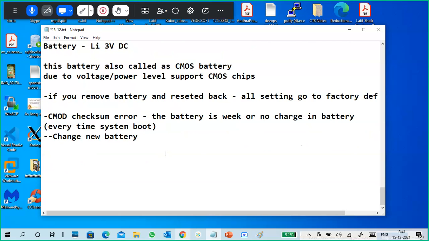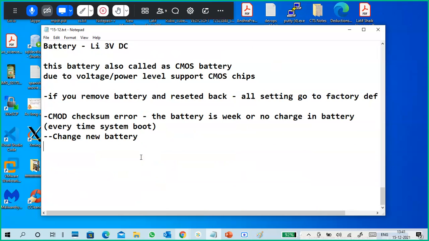They may charge 20, 30, 50, or 100 rupees, but basically the cost is 10 rupees, max 20 rupees. Someone who wants to steal your money will charge a lot. A normal 10 rupee battery will give a minimum 3 years guarantee. So change to a new battery.